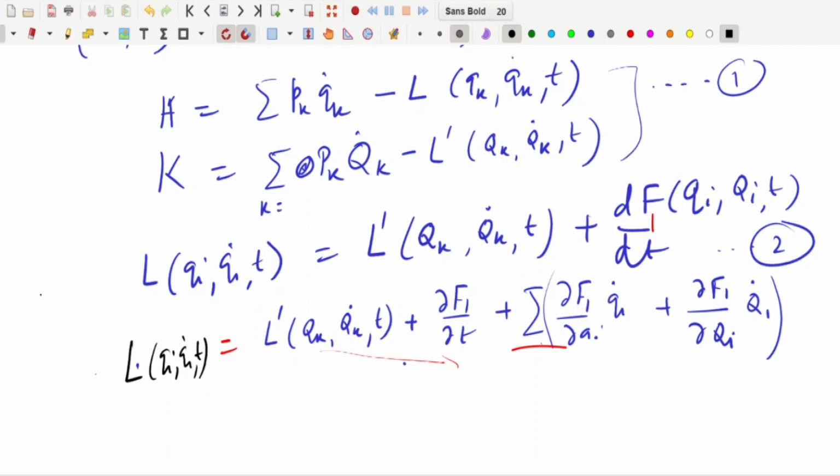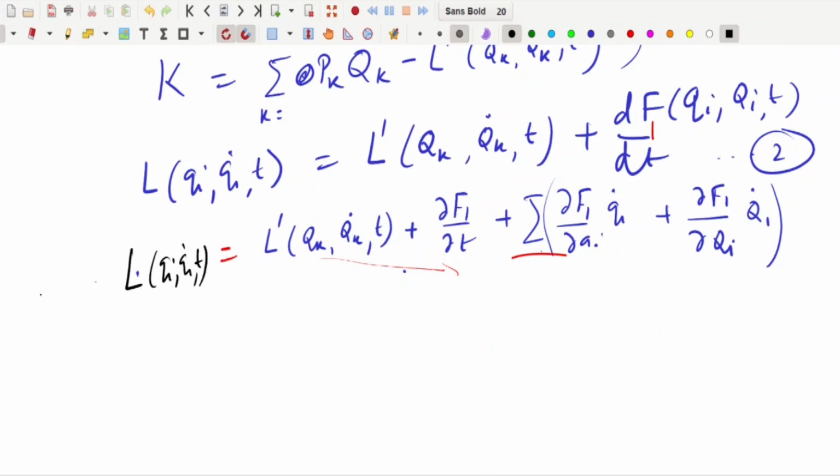So L is basically the sum over i of p_i q_i dot minus H. L prime will be the sum over capital P_k Q_k dot minus K. So I have substituted L and L prime, nothing else, so no confusion now.